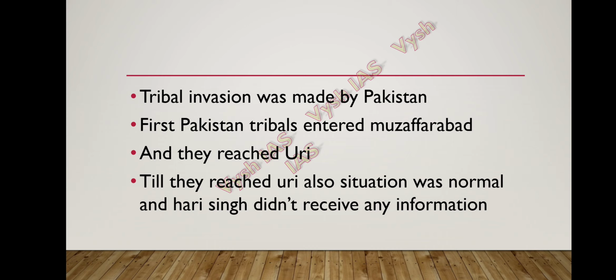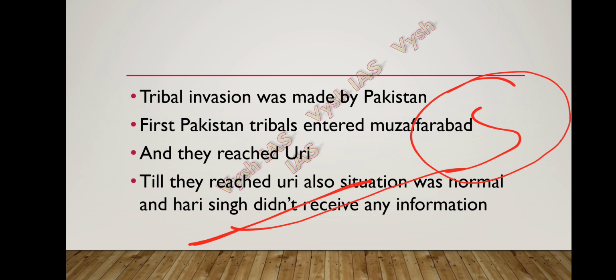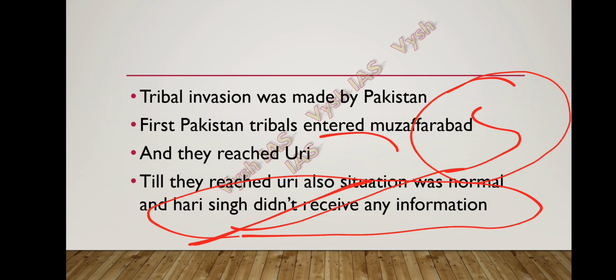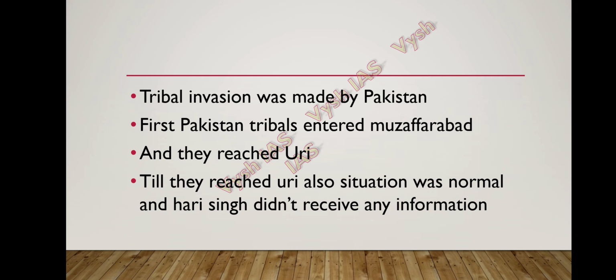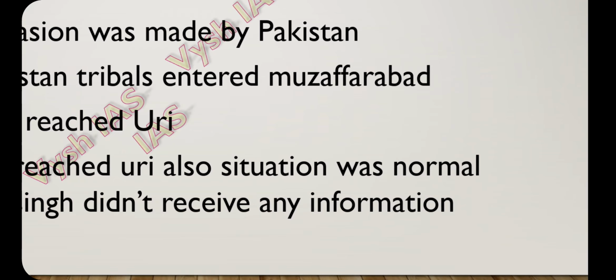But even during their advance, the situation was normal, and Hari Singh did not get any information regarding the illegal entry of the tribal people into the Uri and Muzaffarabad regions. They did not receive any information, so they did not react.